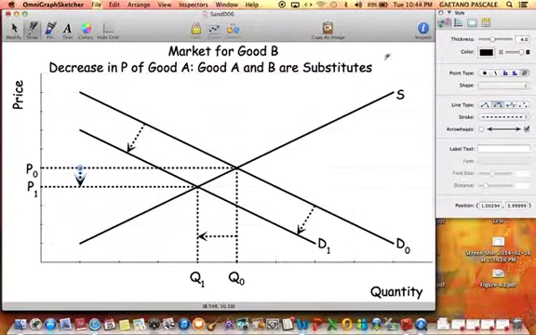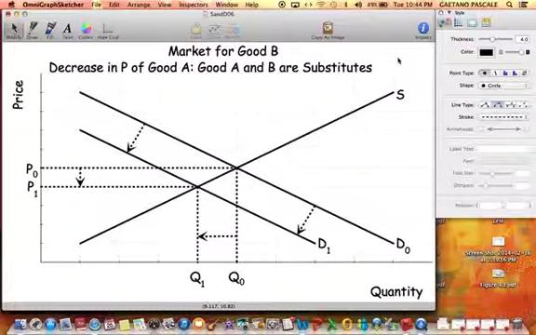So in this instance, if we're talking about good B, and we see a decrease in the price of good A, and we know that good A and B are substitutes, people will substitute away from good B and purchase more of good A. That means the demand curve for good B will shift to the left.